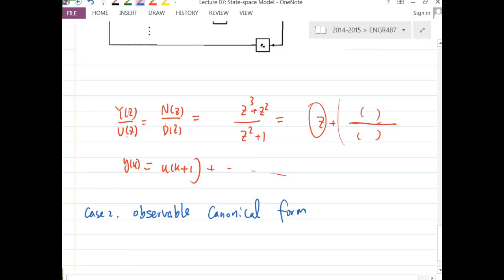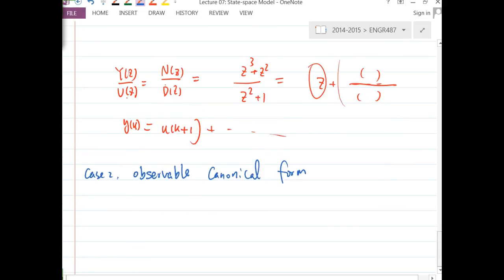As a matter of fact, if you remember in the previous lecture, we have a case we call the nested programming approach. So I'm going to rewrite the formula here.